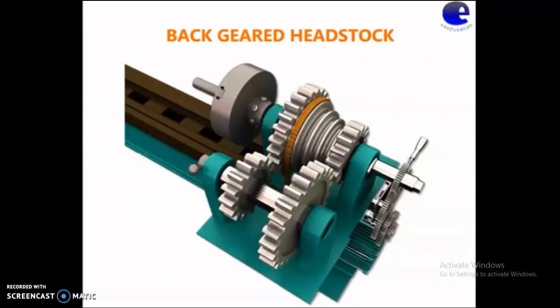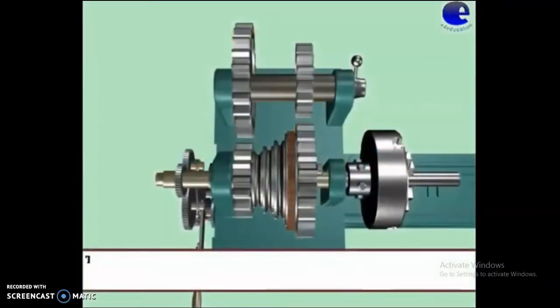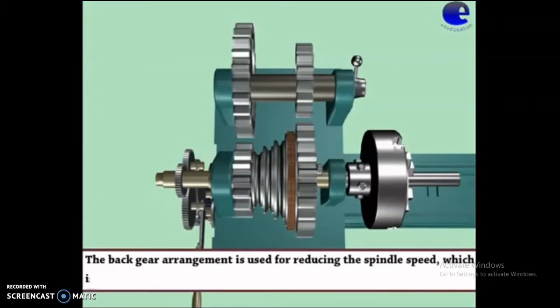Back-geared headstock. There are mainly two types of mechanisms: back-geared mechanism and all-geared mechanism. The back-gear arrangement is used for reducing the spindle speed, which is necessary for thread cutting and knurling.